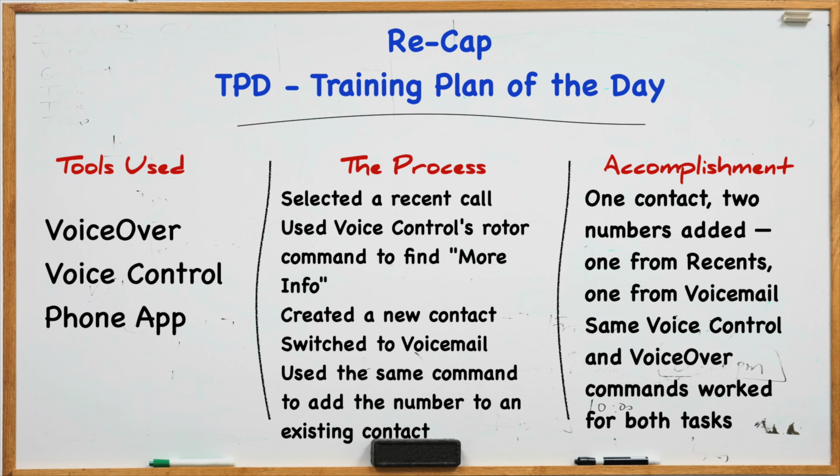And here's a bonus tip worth getting a little excited about. Now that these numbers are attached to real contacts, if those same people text you, you will know exactly who it is from. One fix, multiple payoffs.